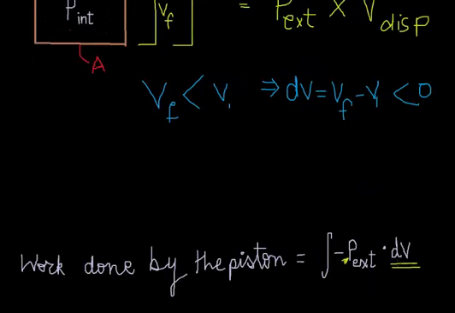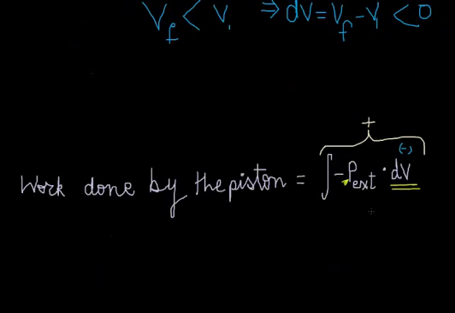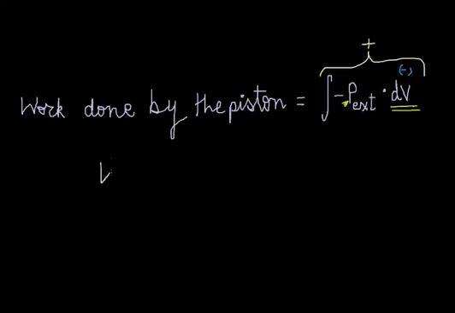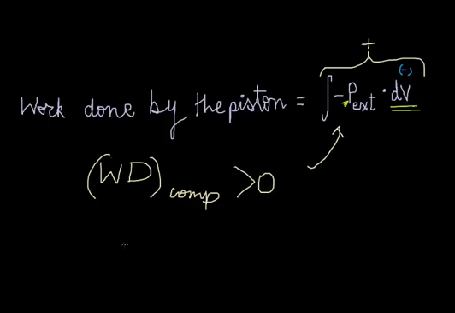So in this formula, dV is negative, and when we multiply a negative thing with a negative sign, the whole thing would in total be positive. So we can say that the work done in thermodynamics for the case of compression is always positive, like we have seen over here. And work done in thermodynamics for the case of expansion is negative.